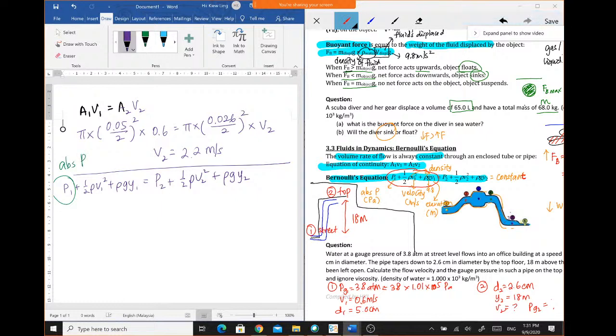So absolute pressure is 3.8 times 1.01 times 10 to the power of 5, this is the gauge pressure, plus atmospheric pressure. This is only the gauge pressure and this is your atmospheric pressure.